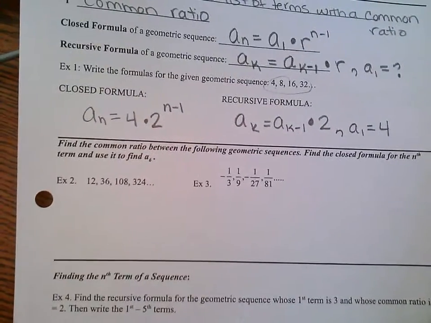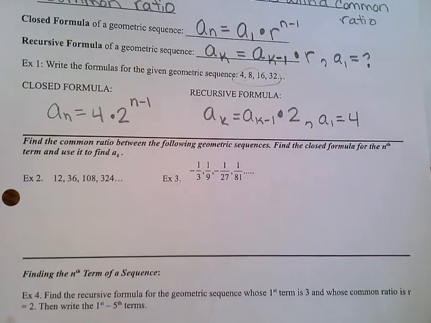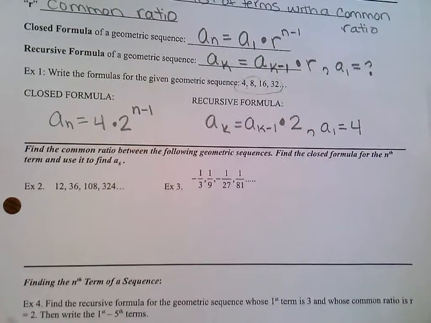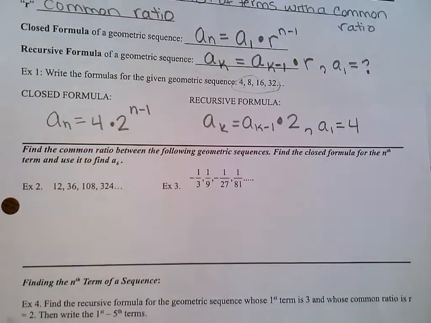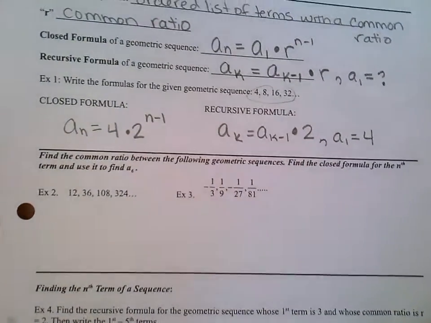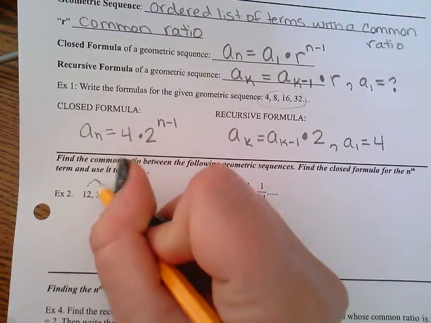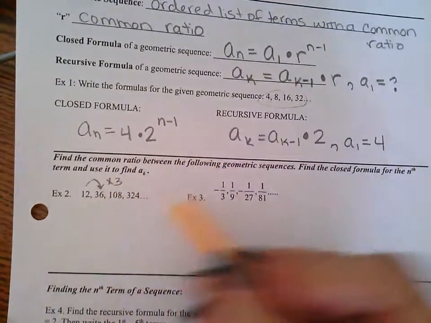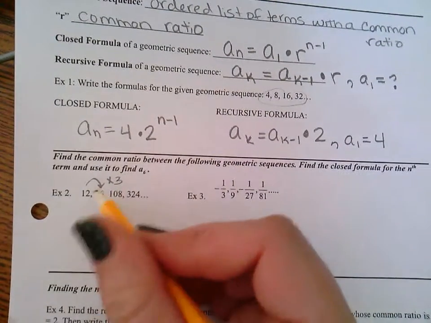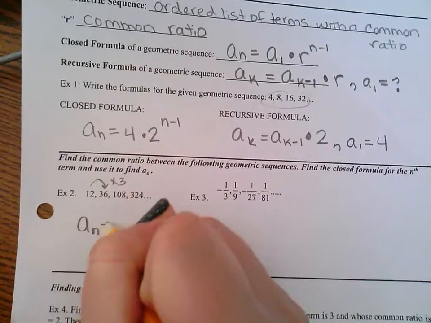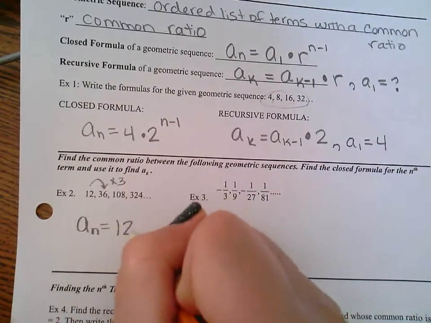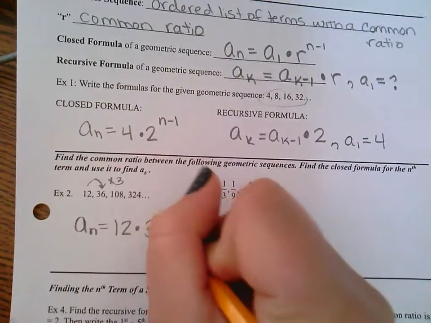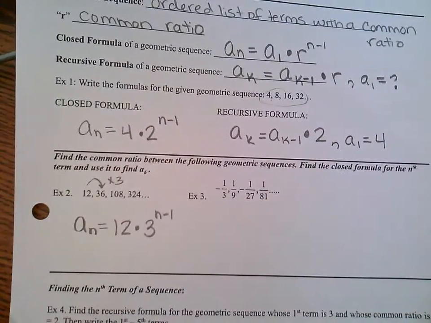So example 2 says, find the common ratio between these geometric sequences and then use the formula to find a sub 6, so the sixth term. So let's see, it looks like we're multiplying by 3, right, each time. So my closed formula would be a sub n is, I'm starting at 12, I'm multiplying by 3, n minus 1 power.